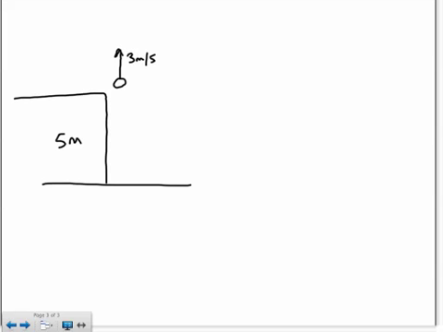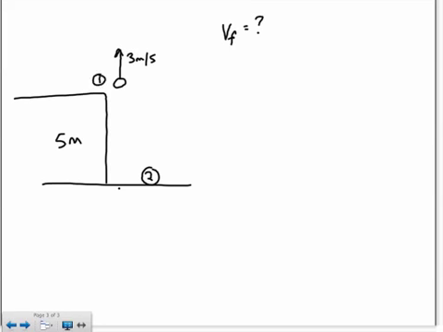Final velocity. Where do you want to solve for final velocity? When it's at the ground, perfect. Good. Why'd you say that's the right one? You'll see. We'll do that one too.